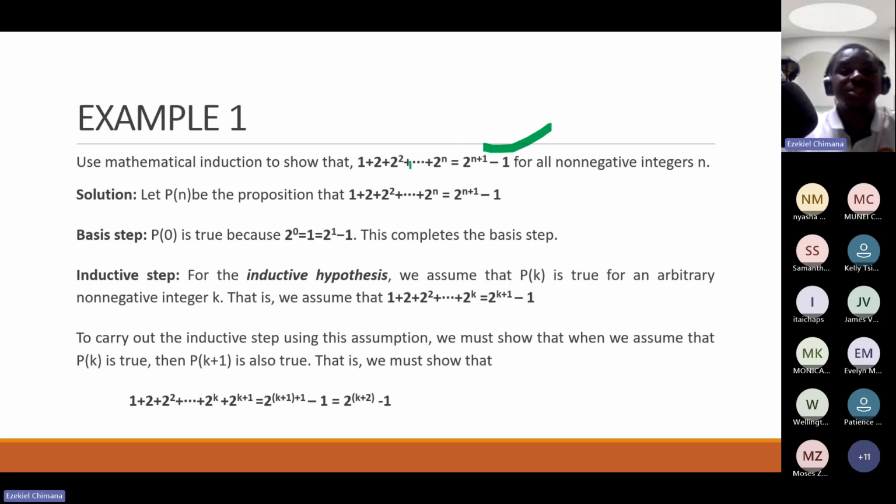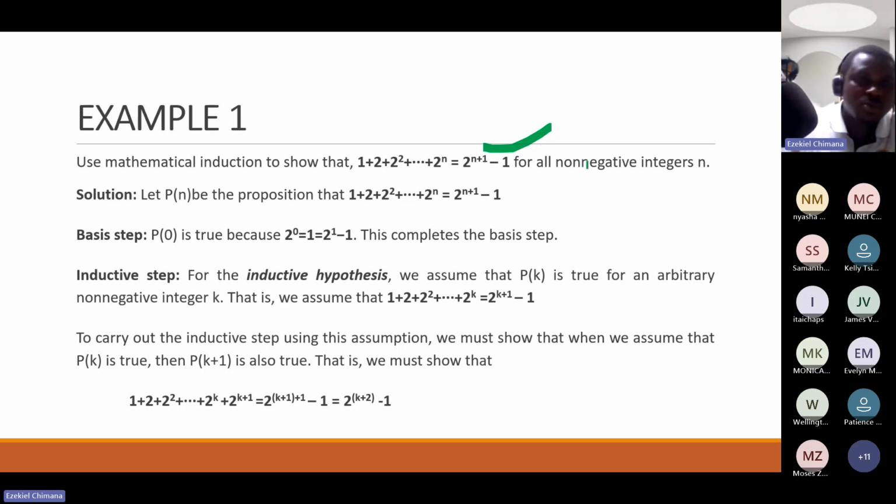For all non-negative integers, so you can put 0, you can put 1. 0 is a non-negative integer. So you can put 0, 1, 2, 3 going up, and you still get that. That's the claim. So you need to prove using mathematical induction that this formula can really generate that series. That's what it means. You need to show that.